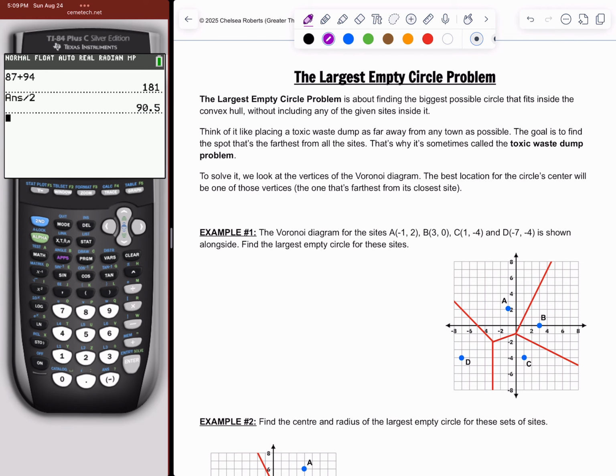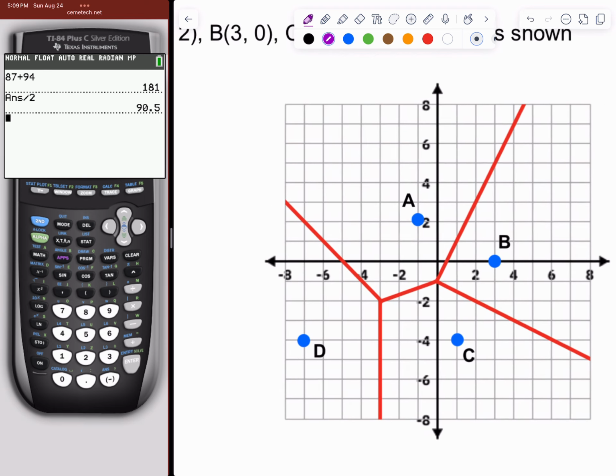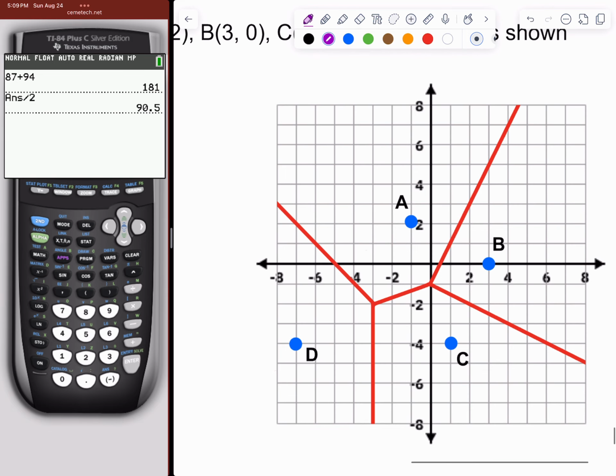So if we look at example 1, we have a Voronoi diagram for the sites A, B, C, and D. We want to find the largest empty circle for these sites. If we look here, we see that we have two vertices. I have a vertex here. I'm going to call this vertex 1, which is located at (-3, -2).